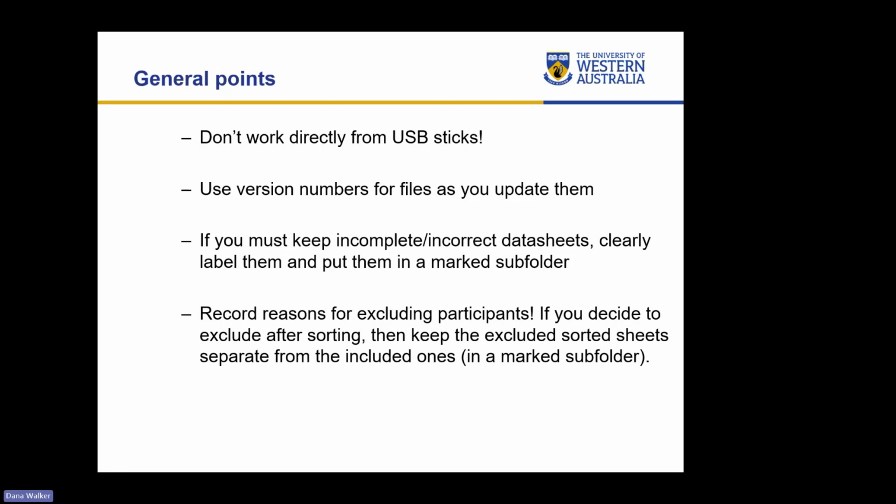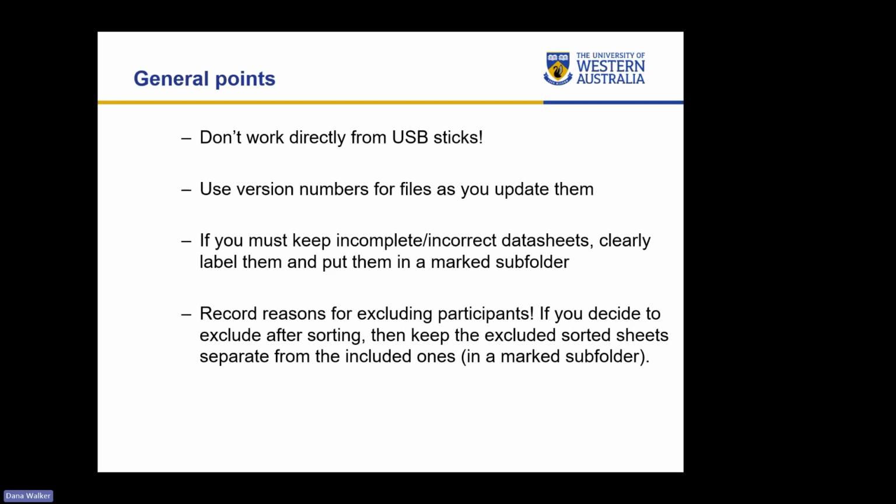We're going to talk about version numbers, but you need to keep updating them if you're changing versions. And make sure you use version numbers because it can get very confusing and you need to refer back to your versions in your data log. Yes, when you have incomplete data sheets, you need to keep them clearly labeled away from your complete data sheets.